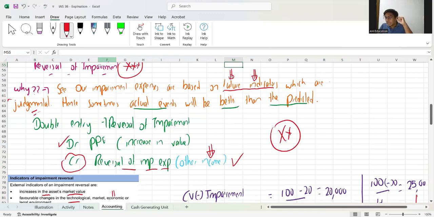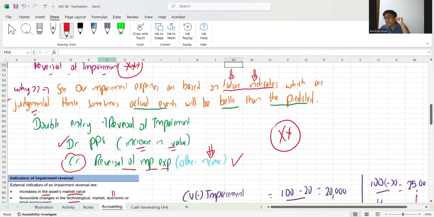See, when you all did the initial impairment, what you all used to do is from your cost, you all minus the impairment, right? That is, you all reduce the cost of the asset. That needs to be increased. So the double entry is simple. If there is a reversal of impairment, your impairment expense, which was a debit, needs to get credit, and you need to debit your property, plant, and equipment.